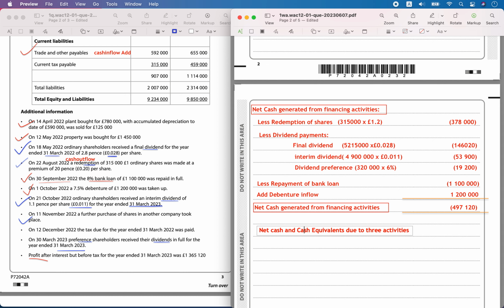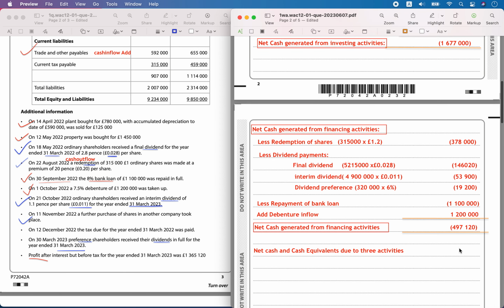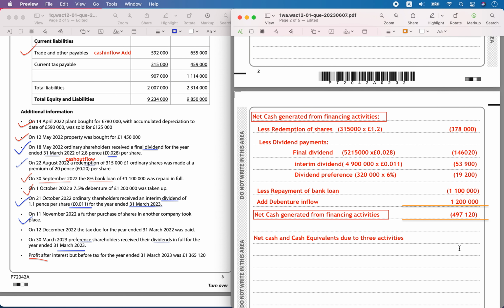Let's see whether the cash and cash equivalents have changed. First, you just add up all of them: 2,273,120, then minus 1,677,000, and then minus 497,120.